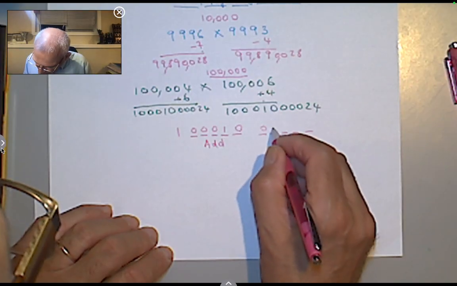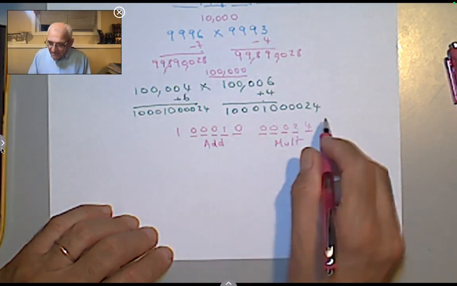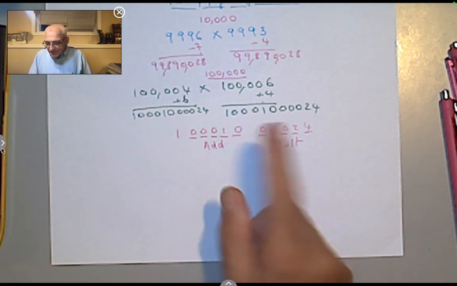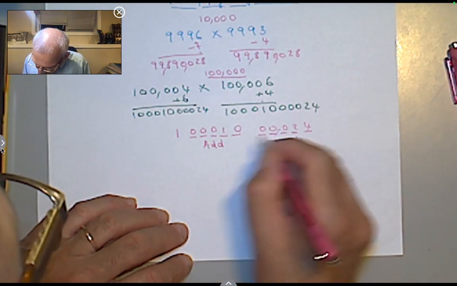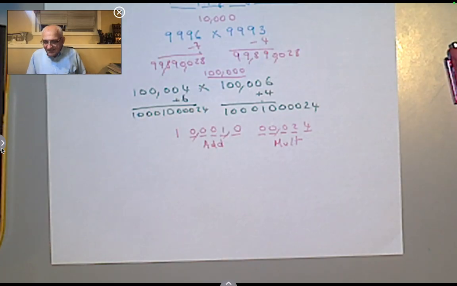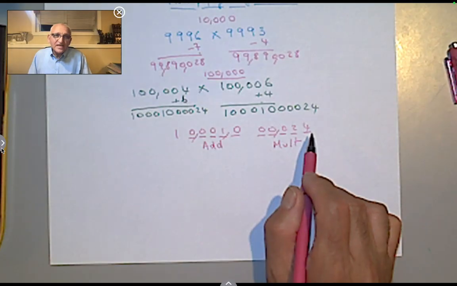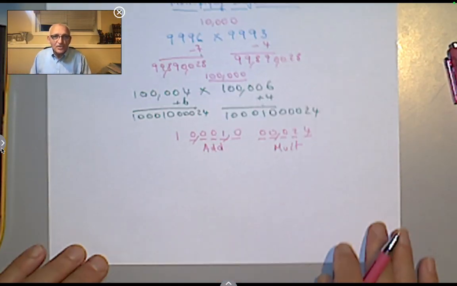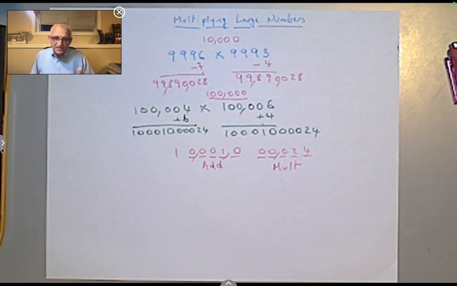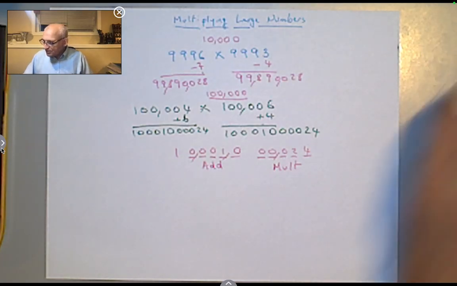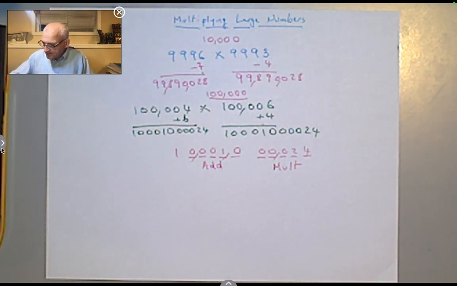I'm going to write it 0, 0, 0, 24, and you get the exact number. Of course, unfortunately, this is 10 billion, 1,000,024. We don't have enough screen size to show this on a calculator, but if you try it on your computer or in software like Excel or other similar software, you can get the answer right away.